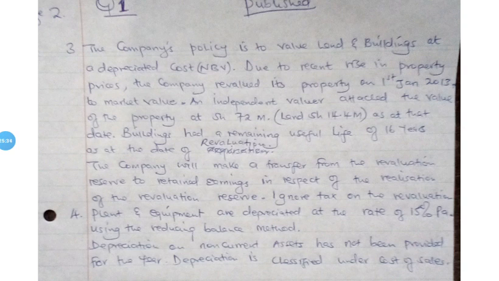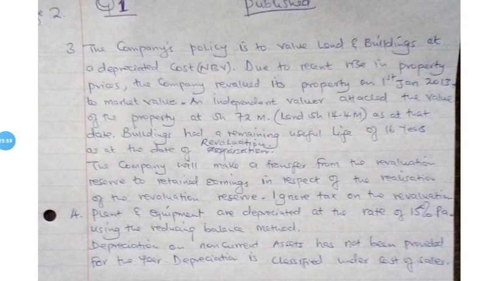So, how much is the depreciation per annum? Depreciation per annum for the next 16 years. Simply, we take the balance as per today, after revaluation, 1st January 2013, and divide by 16 years to get depreciation per annum.